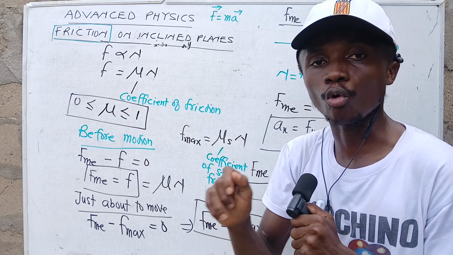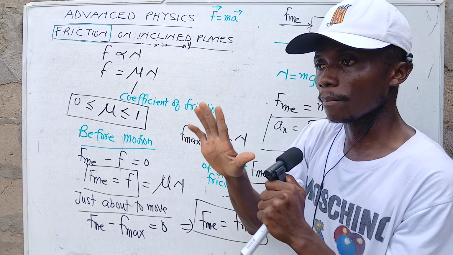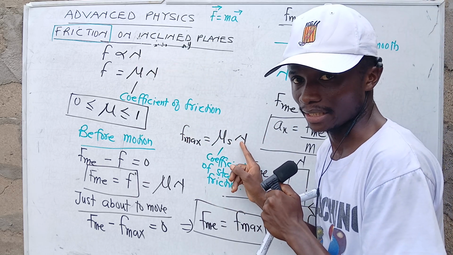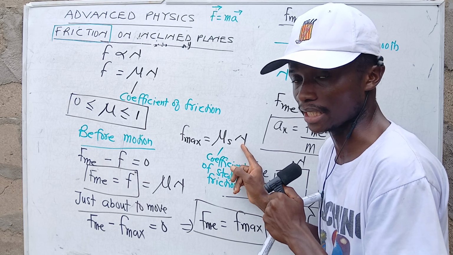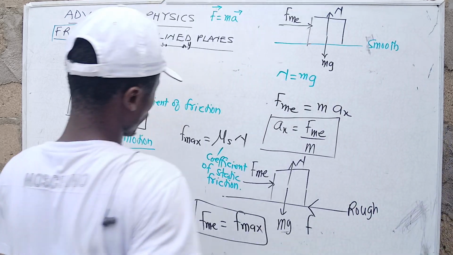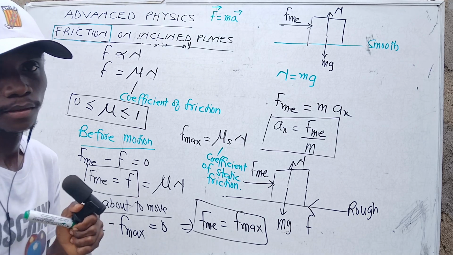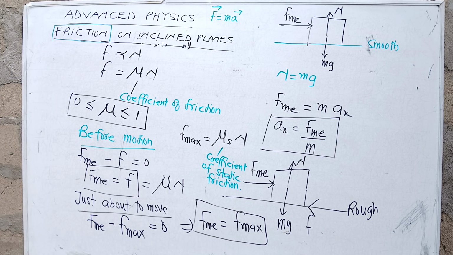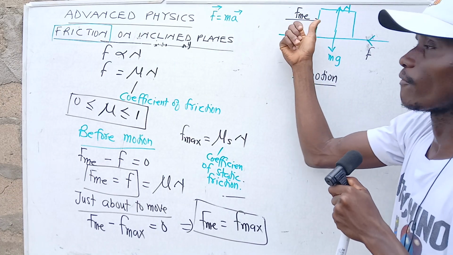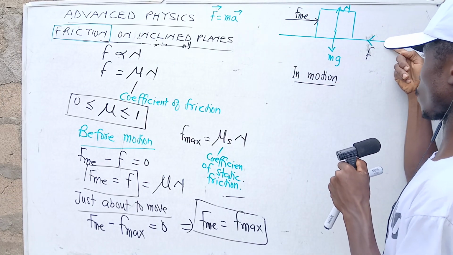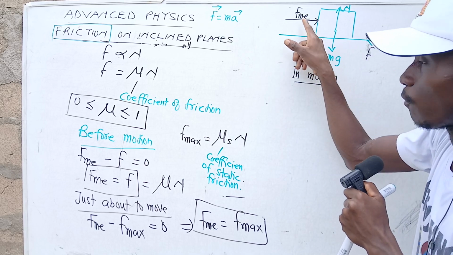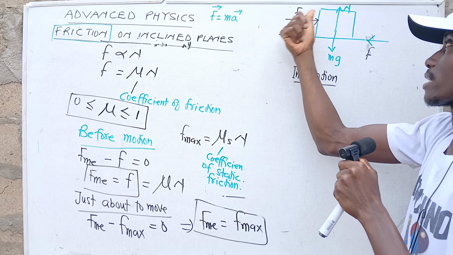If it is equal to 0.9, it means you have to apply a force greater than 90% of the normal reaction before the object will start moving. So if we consider the case where you apply a force, there is a frictional force on you, but the frictional force has reached the maximum and yet your force is increasing, the object will start moving.